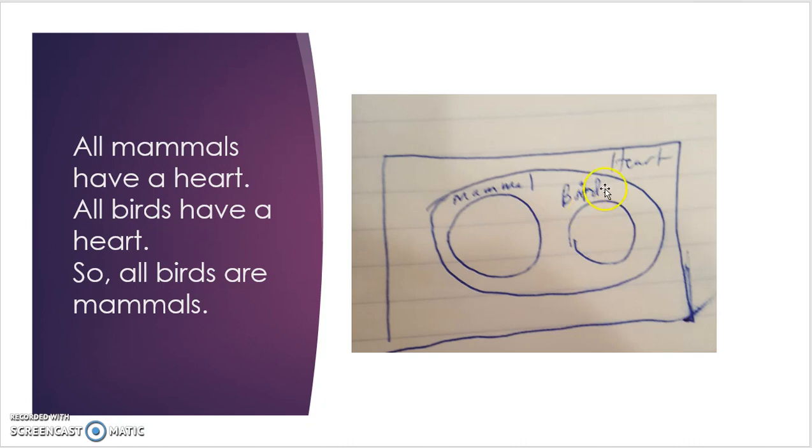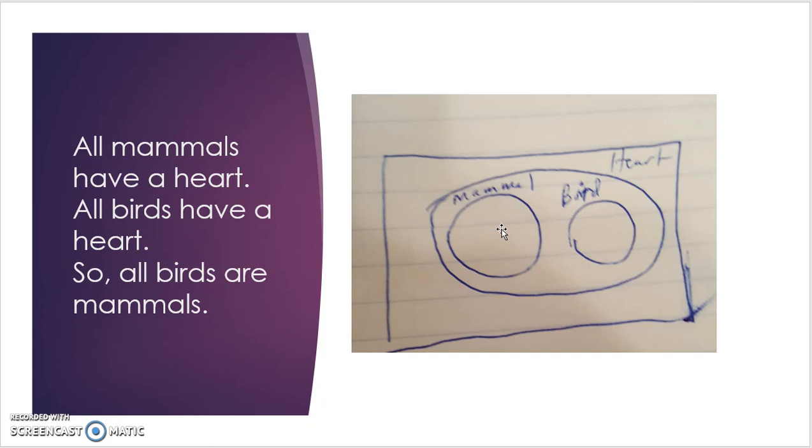The bird circle has to be inside of the heart circle. The bird circle could have completely encircled the mammal circle while still being inside of the heart. That's a possibility. It could be completely separate, as I've drawn here. It could be there's some overlap. It could be that the bird circle is completely inside the mammal circle. So I can think of four possibilities.